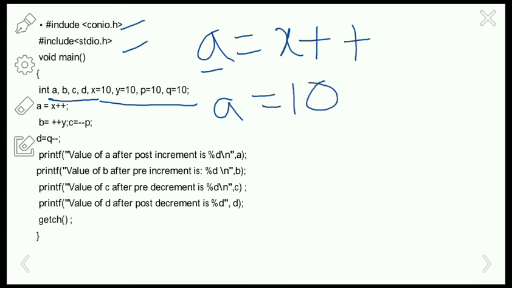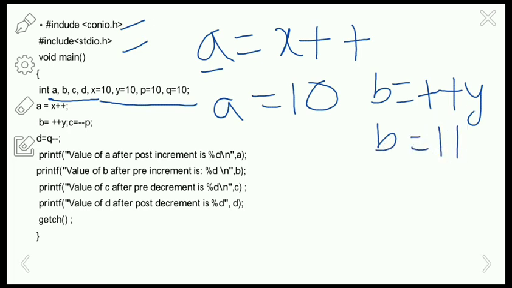So next b equals ++y, that means pre-increment of y. What is the y value here? It is 10. So we perform the pre-increment: first apply the increment operation on the y value and then assign it to b. So b equals 11. Okay. And then printf the value of c.